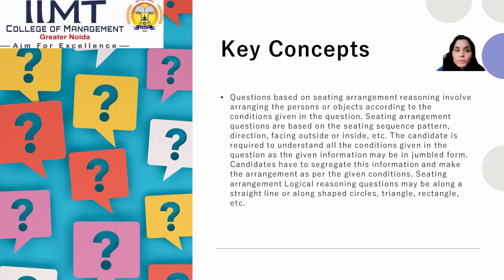This information may be in jumble form, and then by this information we will arrange all the information and then we will find what is actually the problem and how we can solve. Candidates have to segregate this information and make the arrangement as per the given conditions. Sitting arrangement logical reasoning question may be along a straight line, along a shaped circle, triangle, rectangle.